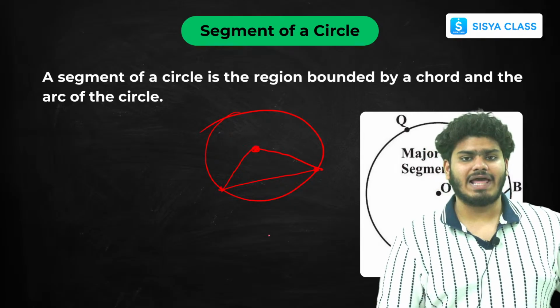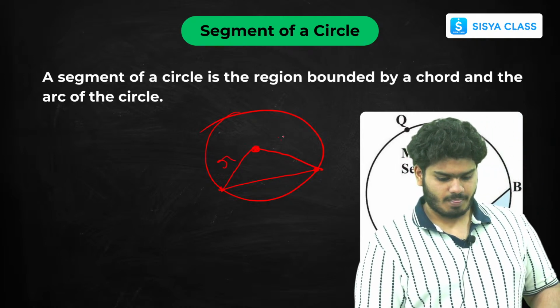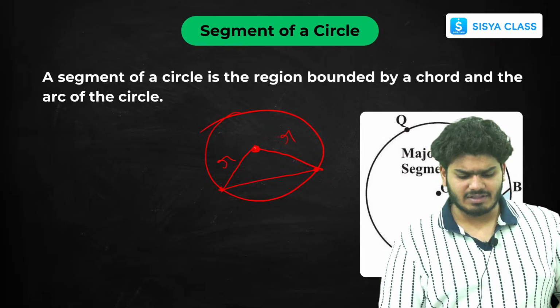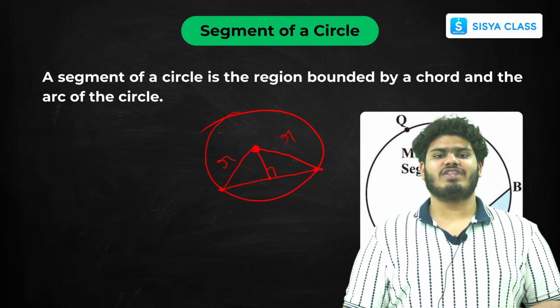Then it will form a triangle. If you know the radius and the length of the chord, we can easily find the perpendicular distance, which is called height. So you can find the area of the triangle.